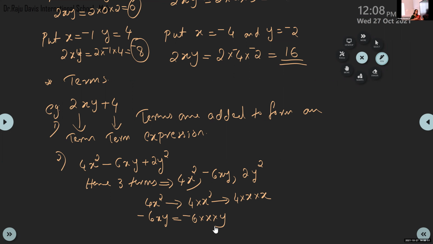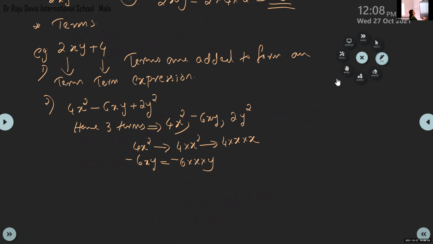So terms have their own factors. Terms can be a product of some factors. 2y square also we will write as 2 into y into y. Y square again we can split into y into y.